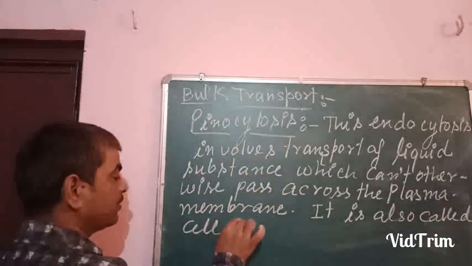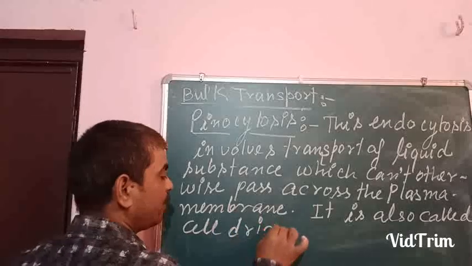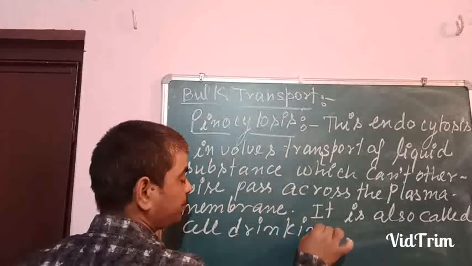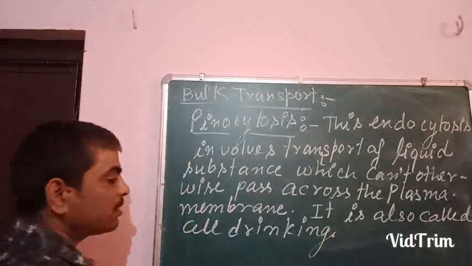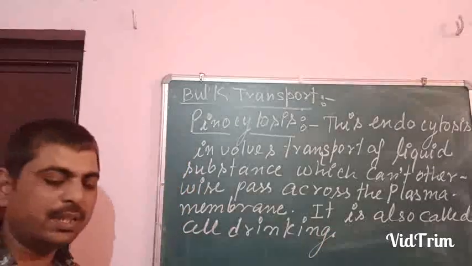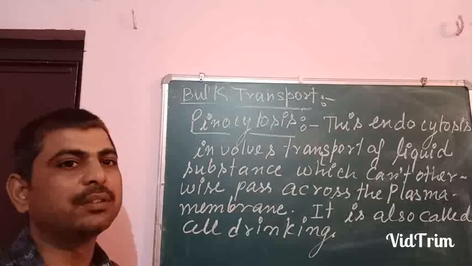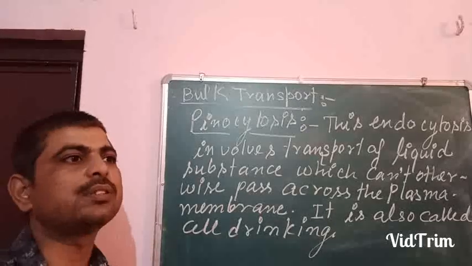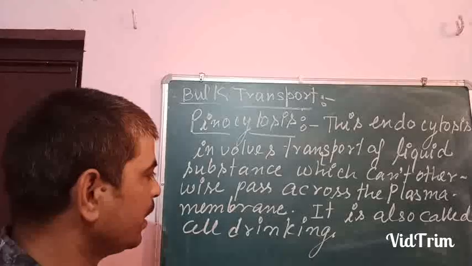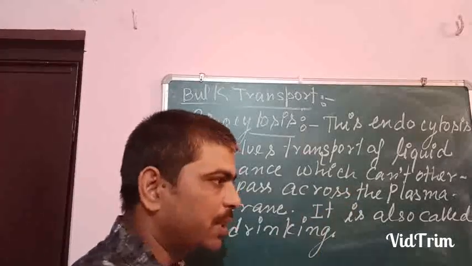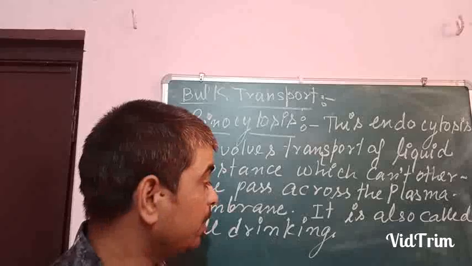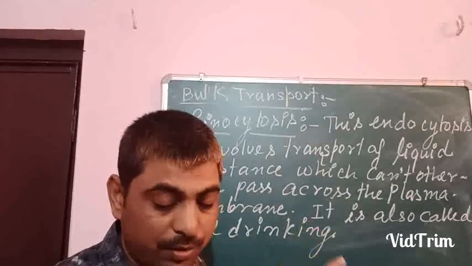Cell drinking. Because liquid is transported. Just like water is a liquid, and we say that we are drinking the water. The liquid has been transported inside our body from the medium. Here also the liquid is transported inside the body of the cell from the medium, so it will be cell drinking.